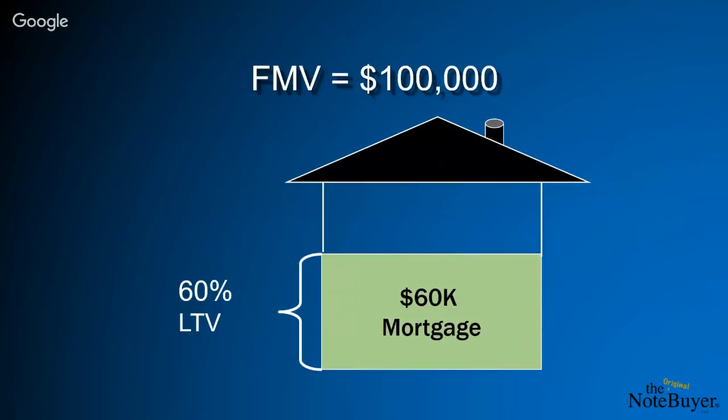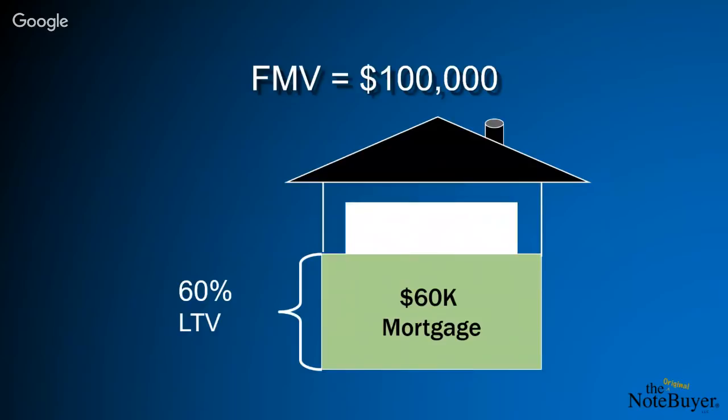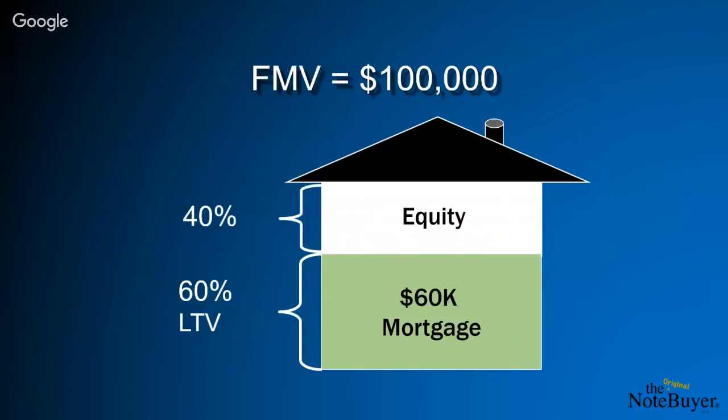So let's look at this here. Let's say that you have this property that's worth $100,000. And let's say there is a $60,000 mortgage on it. Very simply, our loan to value is 60%. But what we're really interested in is what's left. We want to know how much equity is in the property.